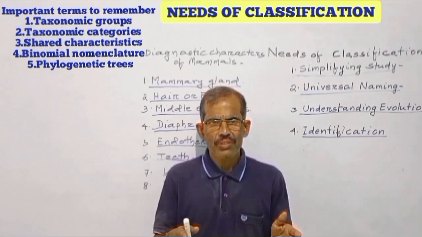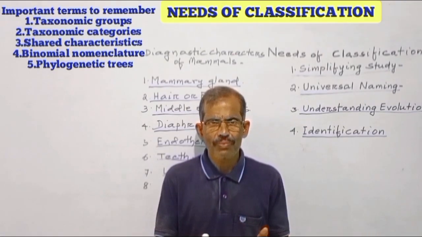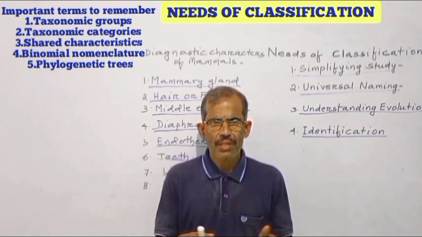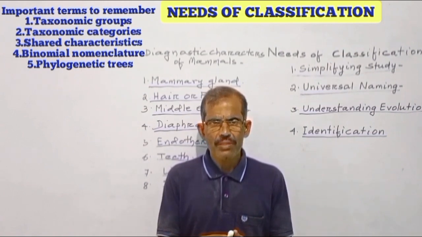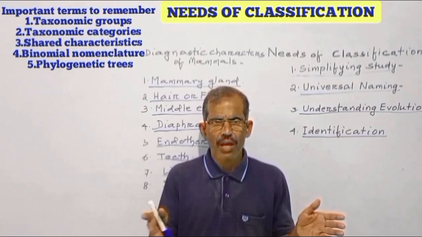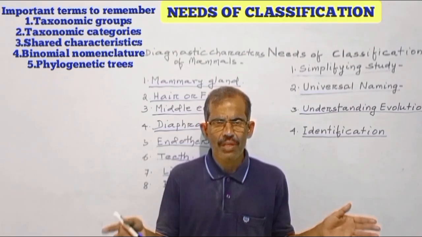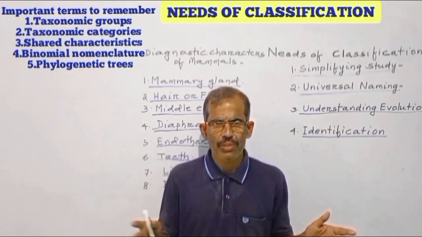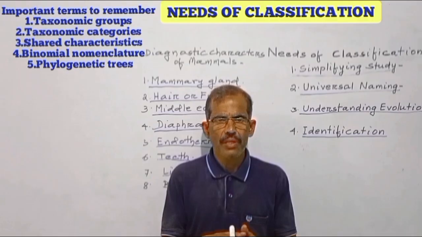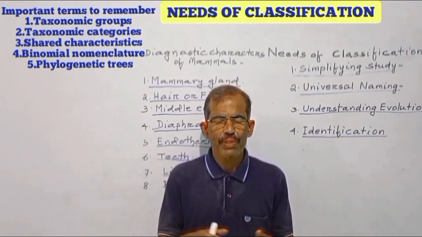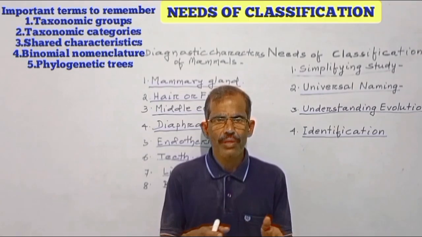In order to teach them efficiently, the students are classified into different classes, such as class 1, class 2 and class 3. By organizing students into different classes, teaching and their management become easier, and also their identification. Similarly, classification also makes the study of this huge number of species easier by classifying them into different groups.